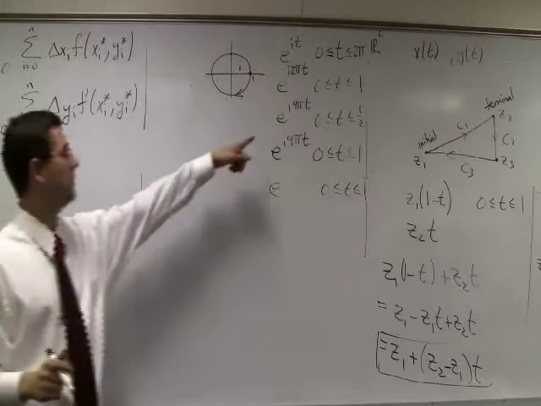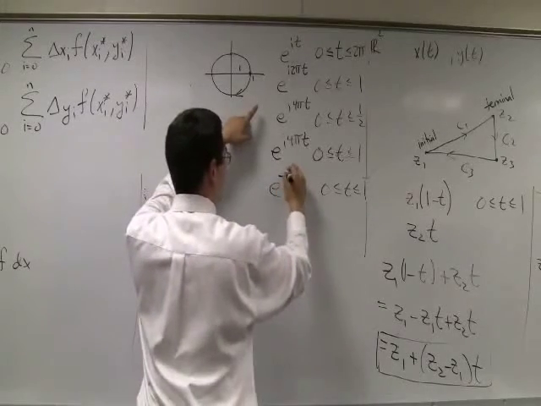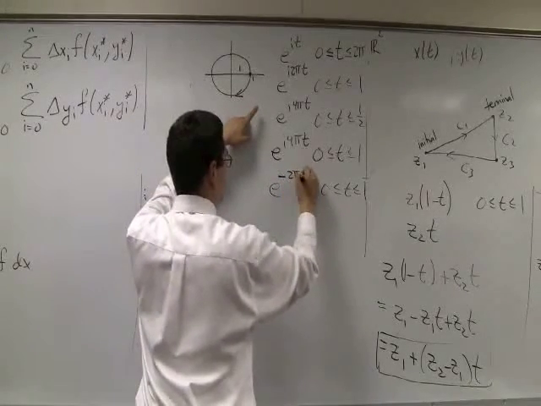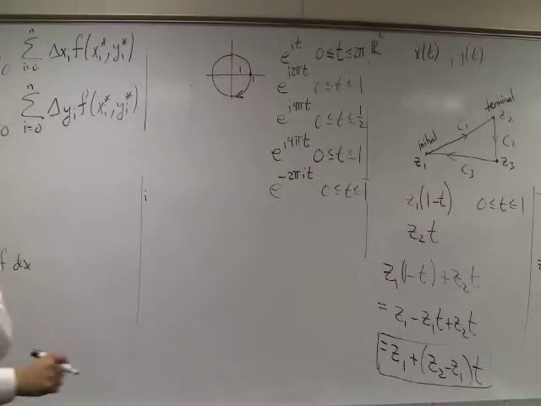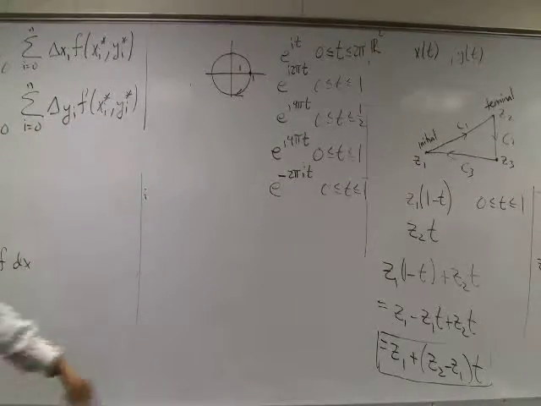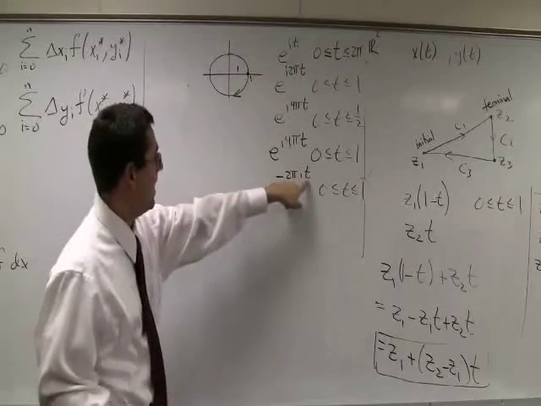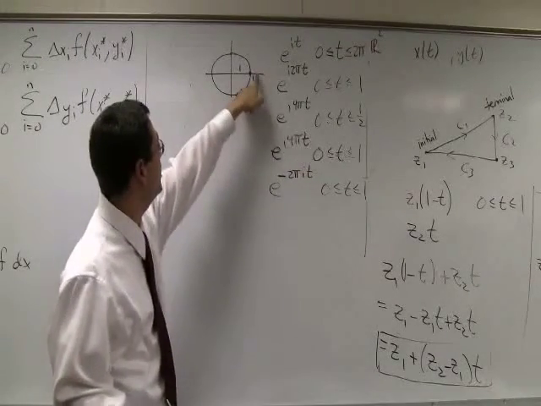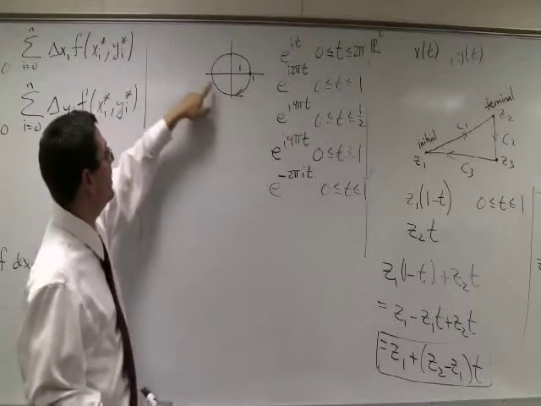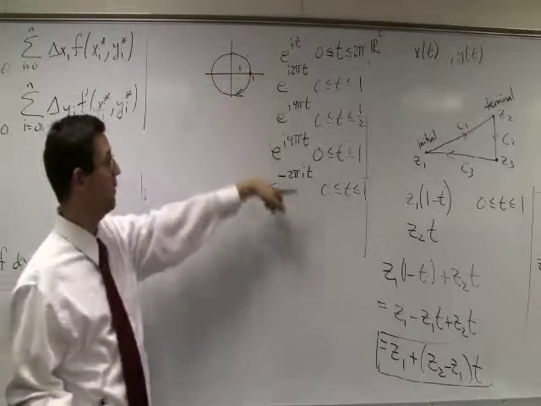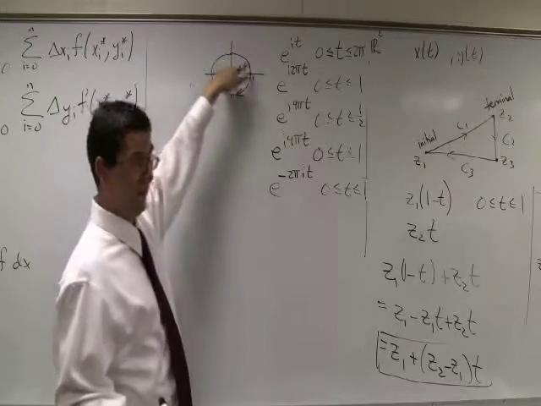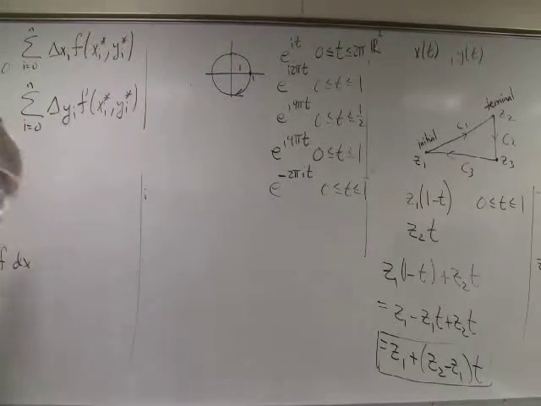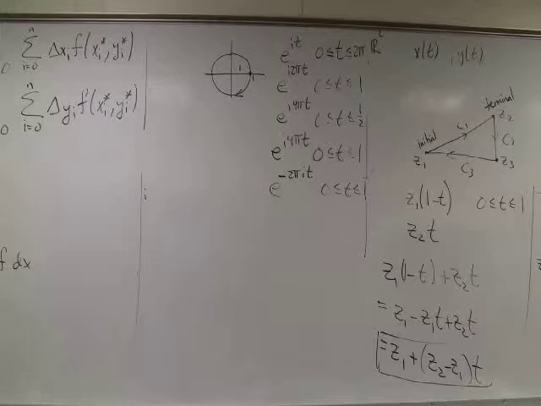Sure, if you do a minus 2 pi it, and sure, as t goes between 0 and 1, you're getting negative angles, so you're going in the opposite direction. But again, when t is 1, this becomes negative 2 pi i, so you're back at 1. Cool.